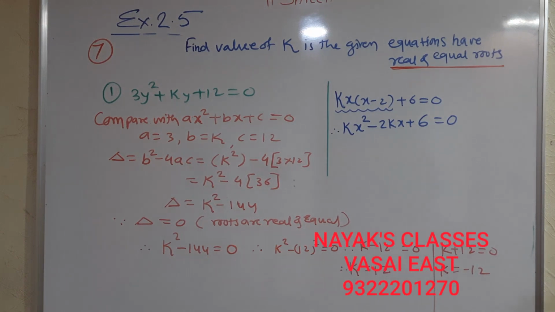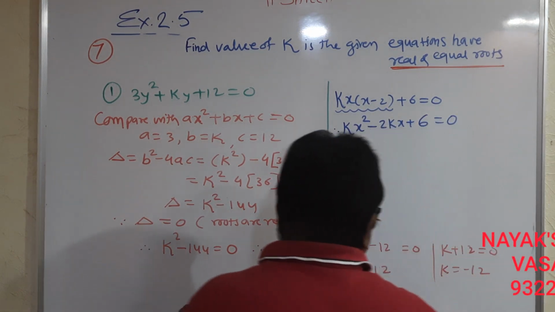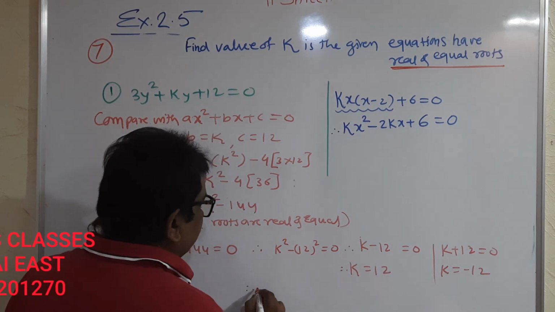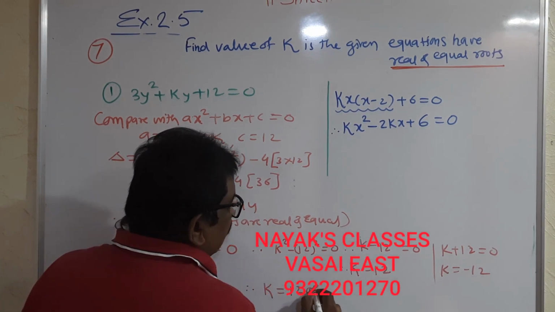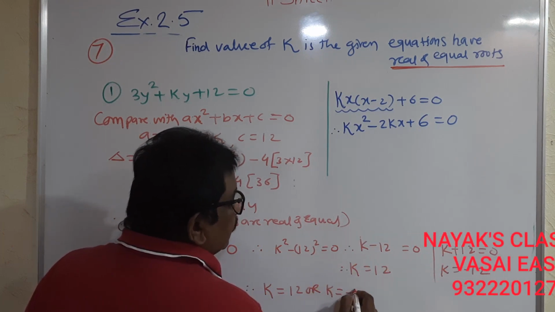Here the value of k is either 12 or minus 12. Therefore, k is equal to 12 or k is equal to minus 12.